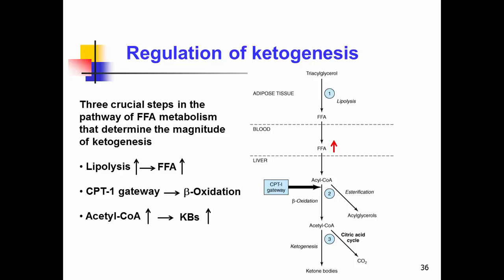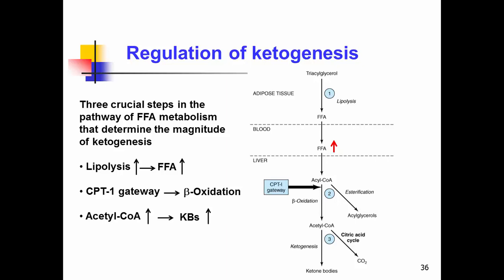Okay, now let's talk about the regulation of ketogenesis. Remember, ketogenesis occurs during fasting, when a lot of fatty acids are released from fat tissue through triglyceride breakdown. So the circulating fatty acid level is increased, particularly during prolonged fasting.